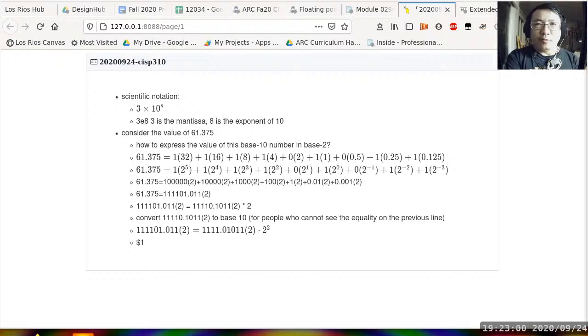Now we have 11101.011, which is the original value, equaling 1.11101011 in base 2. But obviously we need to multiply this with a power of 2 to make up for the magnitude of change.